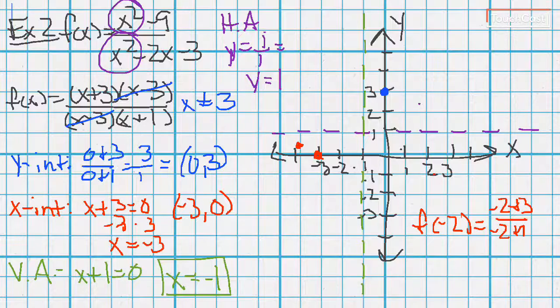Well, -2 plus 3 is +1. -2 plus 1 is -1. 1 over -1 makes -1. So at -2, the x value, our y value is -1. So I'm going to put a point there.